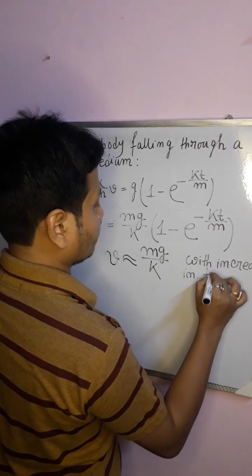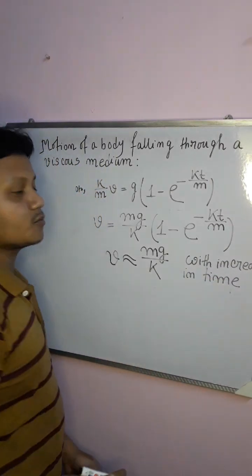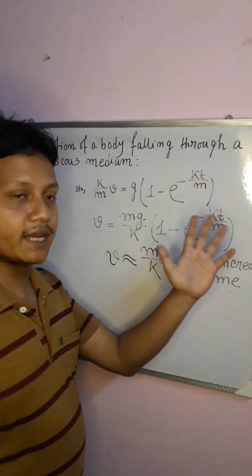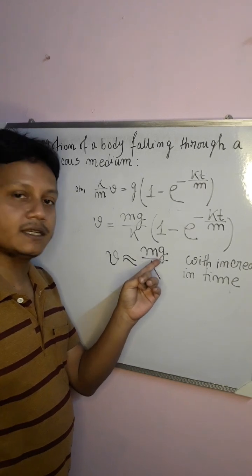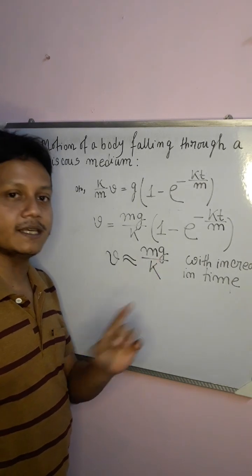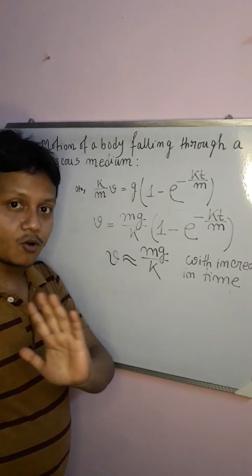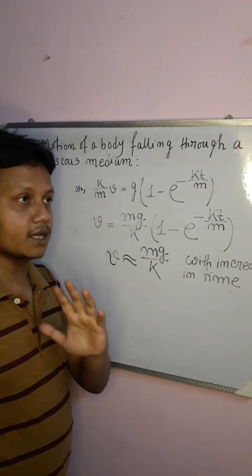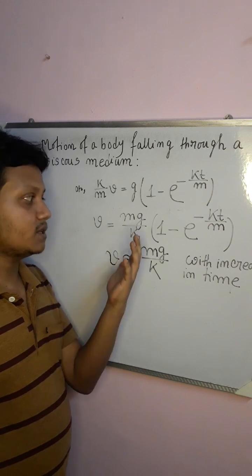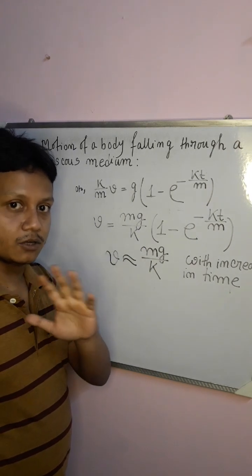So v is mg by k, where m, g and k are constants. So v attains a constant value, and this is known as the terminal velocity. From this theory, the concept of terminal velocity comes.